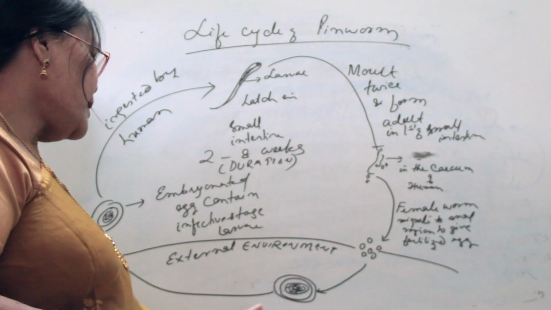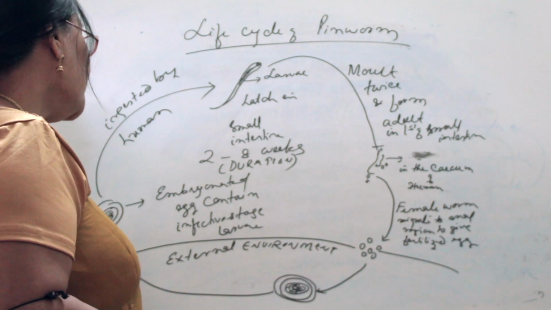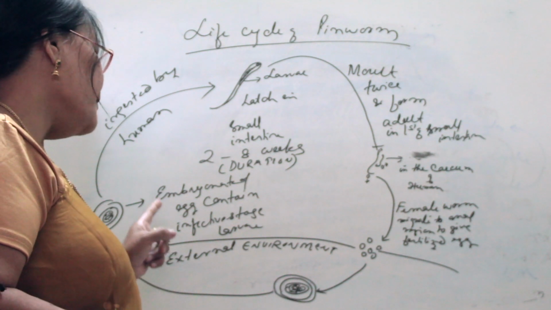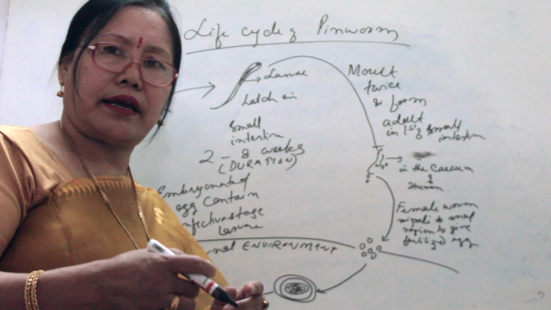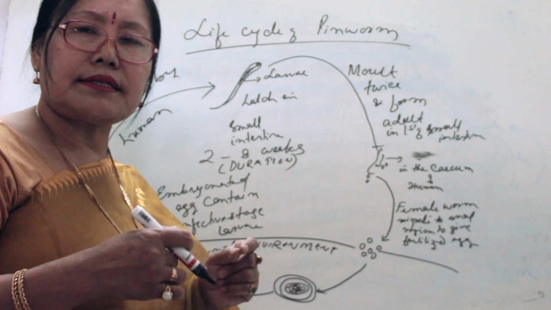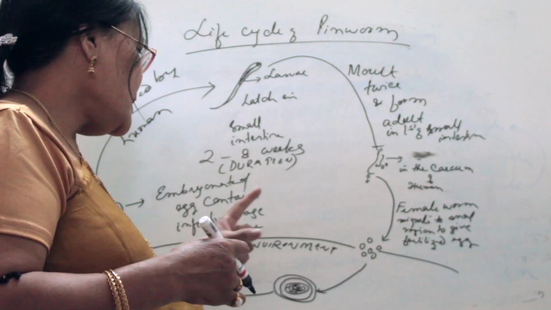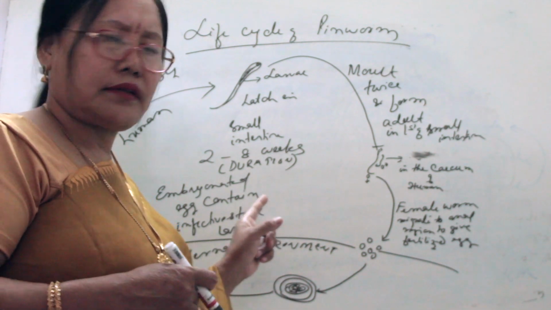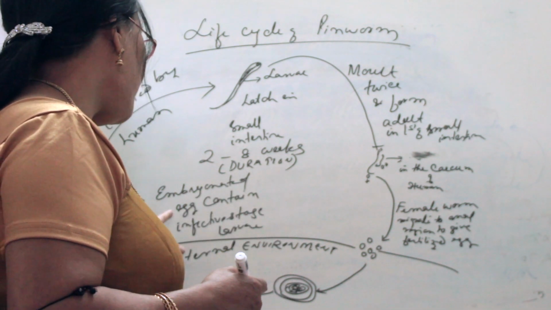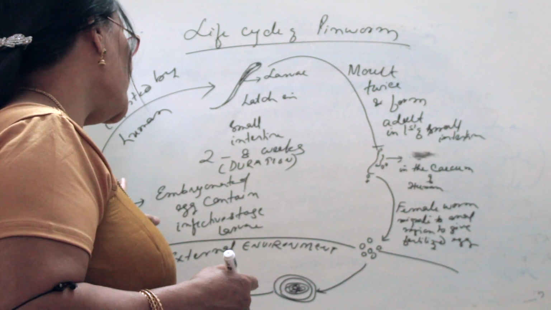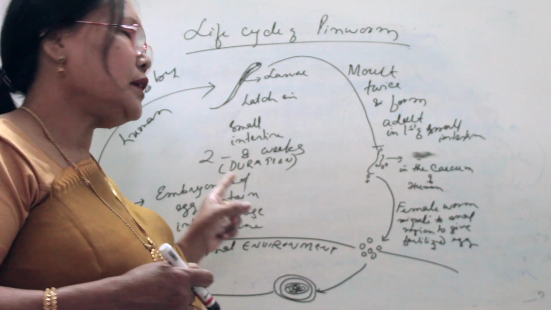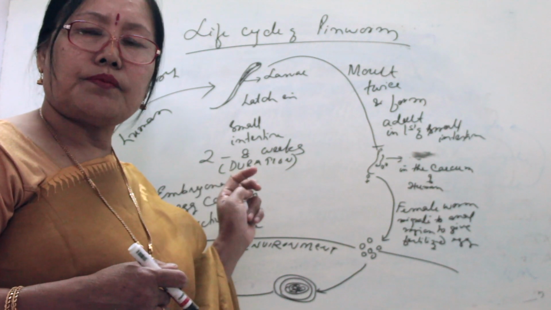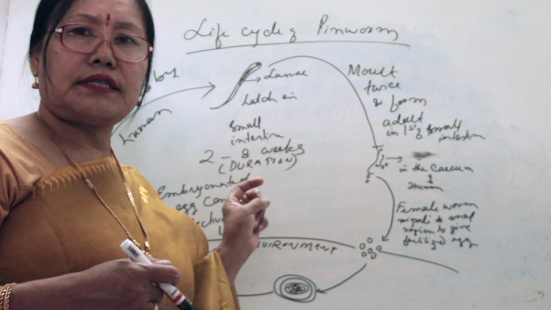Then the infective stage larva develops inside the egg, and this egg is ingested by another person, or it can also auto-infect. This embryonated egg is usually ingested by human beings through the mouth, and then goes to the small intestine through the stomach.